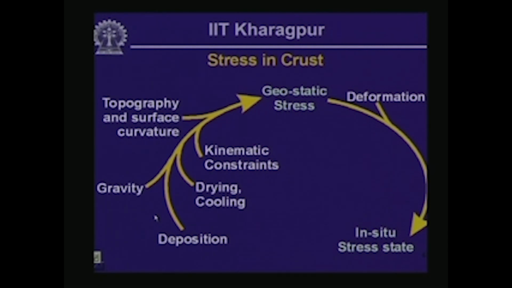So, what are the factors then, to sum up, that give rise to a set of in situ stress? First of all is deposition, then action of gravity, then drying or cooling.